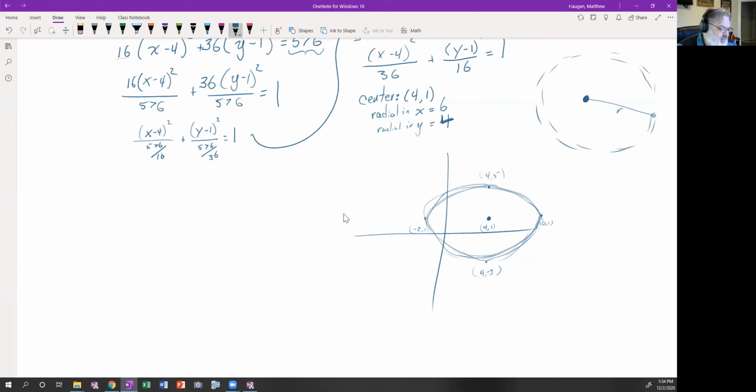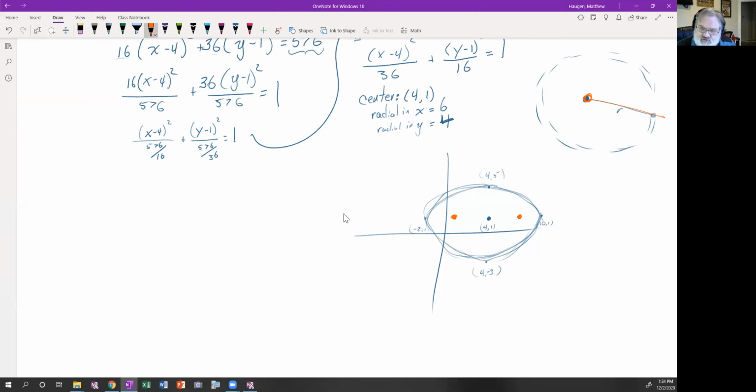Well, how do you make an ellipse? Instead of being defined as everything that is the same distance from a given point, that's a circle, an ellipse has 2 foci, the plural of focus.